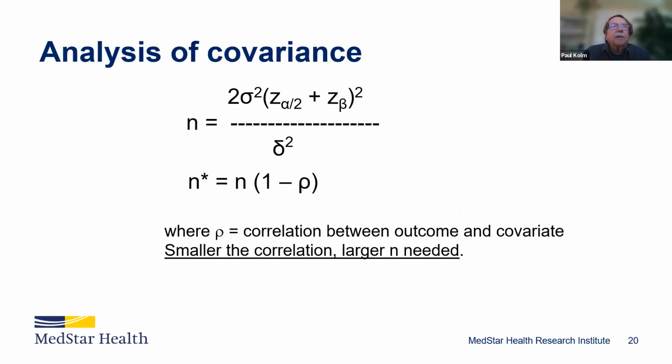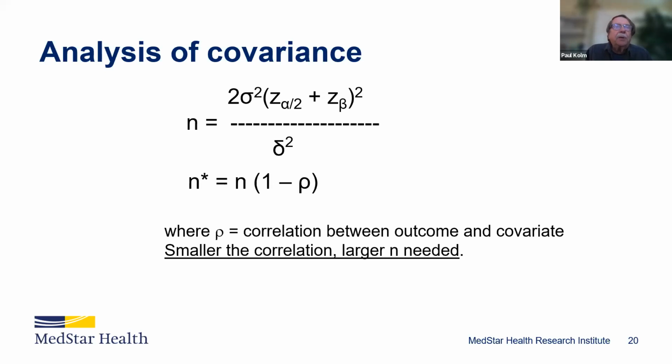If we have analysis of covariance, that is, say we want to look at 2 intervention groups, but say, for example, in a non-randomized study, there might be some covariates that would influence the outcome. So we want to include those in the analysis. So we have to take in the correlation then between the outcome and the covariate.